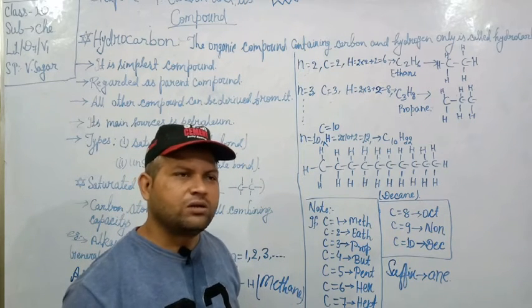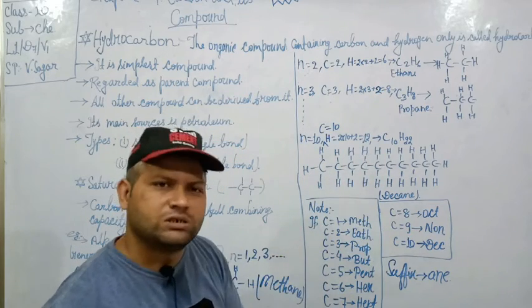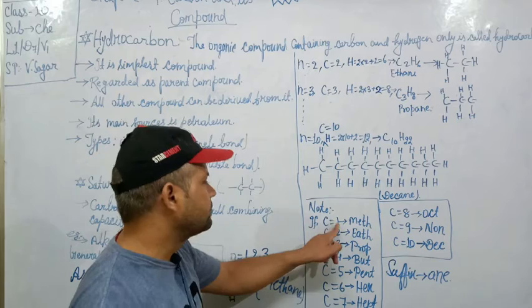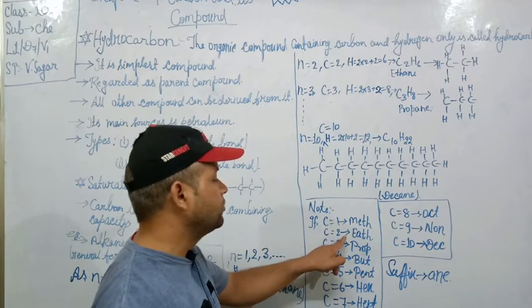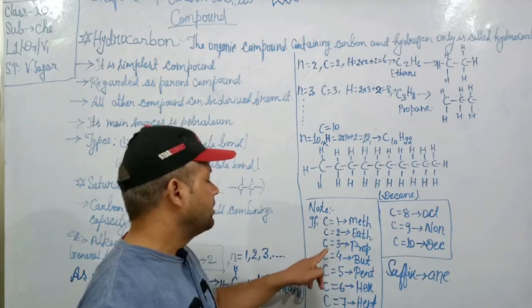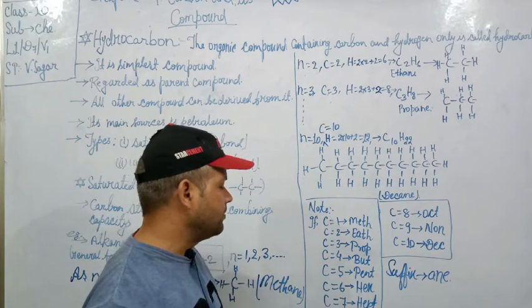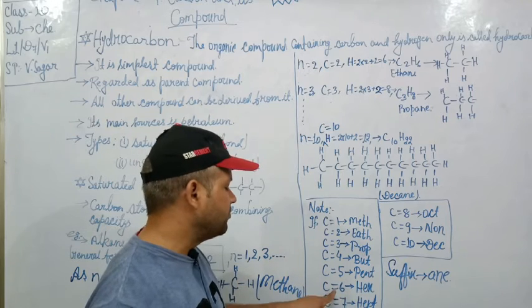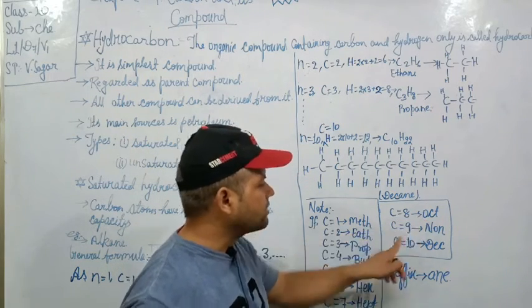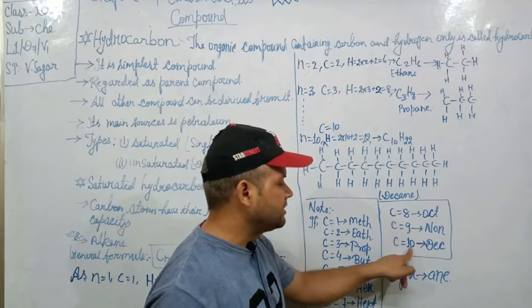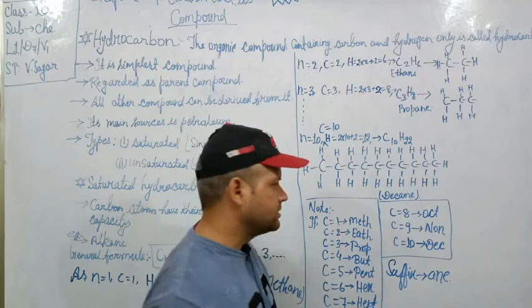It will be taught in nomenclature, but here you just have to remember, if C is equal to 1, then we use meth. If C is equal to 2, we use eth. If 3, then prop. For 4, but, for 5, pent. For 6, hex. For 7, hept. For 8, oct. For 9, non. For 10, dec. And they use this ane suffix.